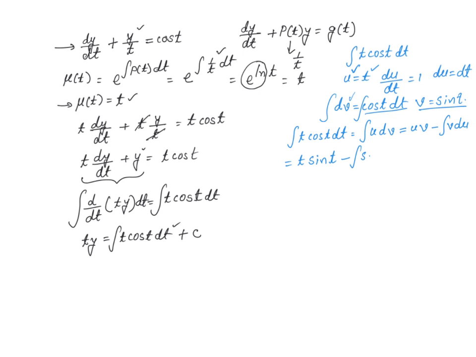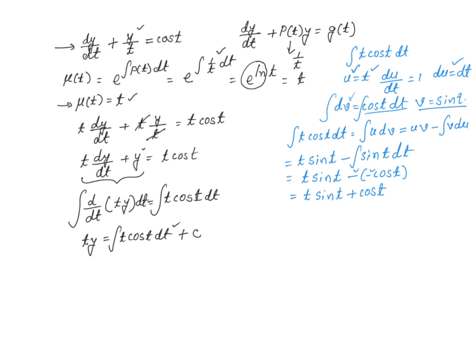V is sine of t and du is dt. Now if I simplify it further, it's going to give me t sine of t minus the integral of sine of t, which is negative cosine of t, and finally I will get the integral to be t sine of t plus, negative times negative is going to make it positive, cosine of t.